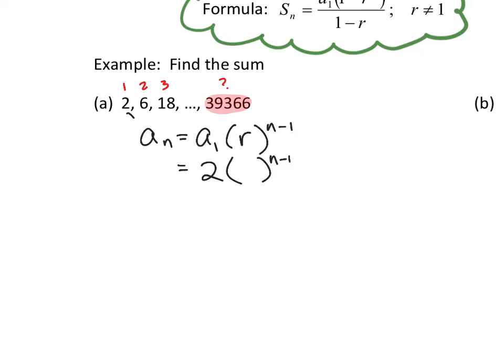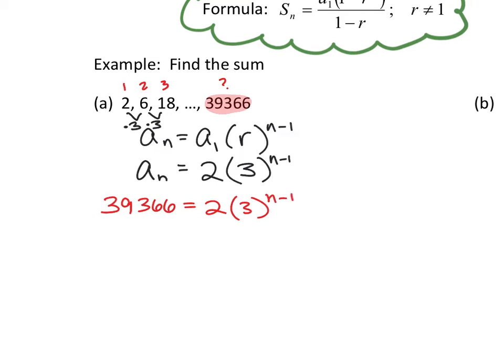How is this changing every time? Times 3. So this is a 3. That's the sequence definition. But now we want to know 39,366. What is that for all of this? What does that make n?